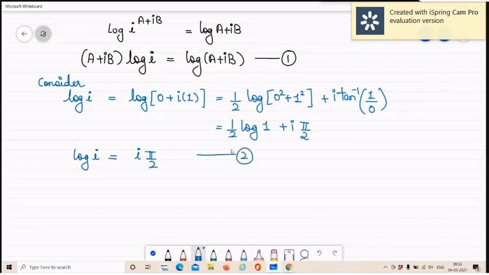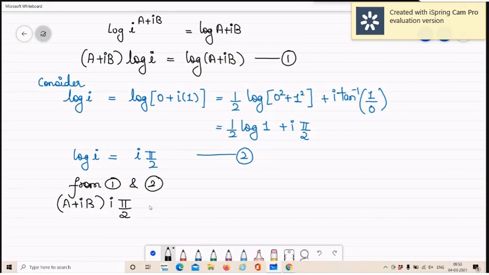Did you all understand? Now I am going to substitute this equation 2 in 1. So from 1 and 2, I am getting a plus ib, in place of log i I will put i into pi by 2, equal to the log of a plus ib formula, that is half log of a square plus b square plus i tan inverse of b by a.